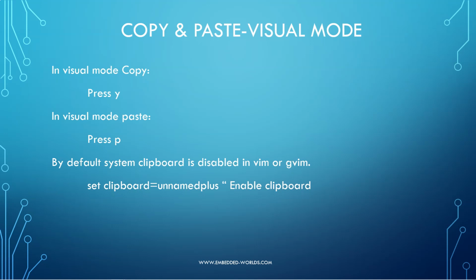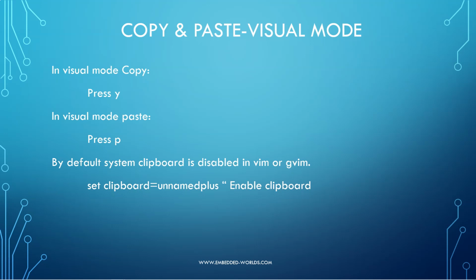As you already know how to go into visual mode, for that you need to press V and select the number of lines. Then those lines will be selected in visual mode. Once the lines are selected, simply press Y to copy the content.